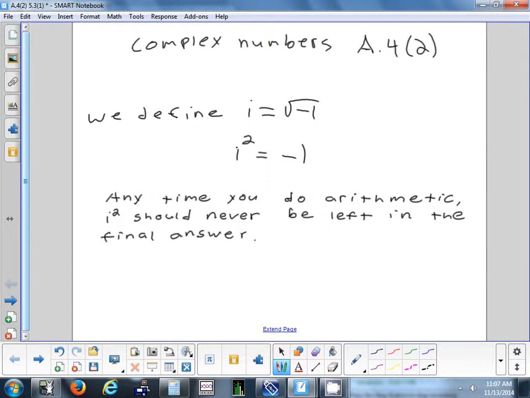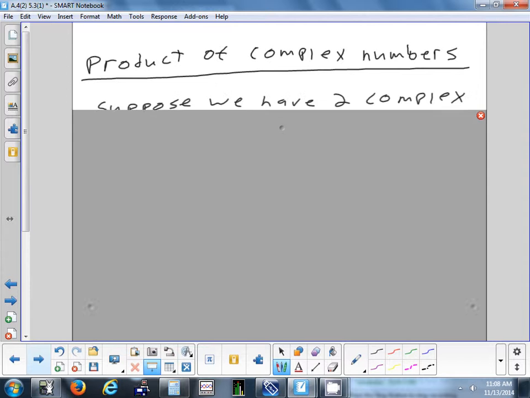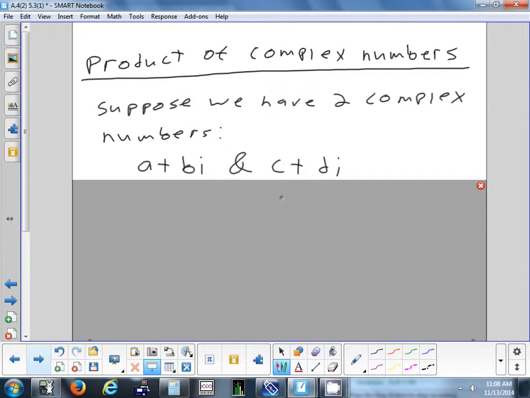If you remember how to do the double distributive property, or some people call it FOIL, that's very similar to how you multiply complex numbers. Let's suppose we have two complex numbers, just like we did yesterday, a plus bi and c plus di.